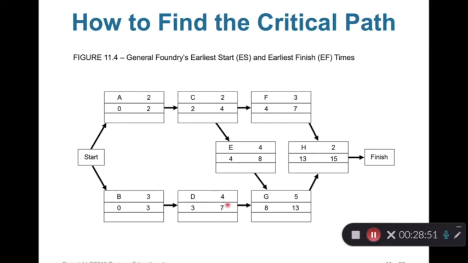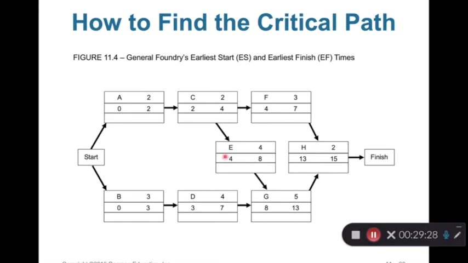If we put 7 here, we can see G started after D is completed. But there's a possibility the activity E is not completed yet, because the earliest finish time for E is 8. So this is impossible.